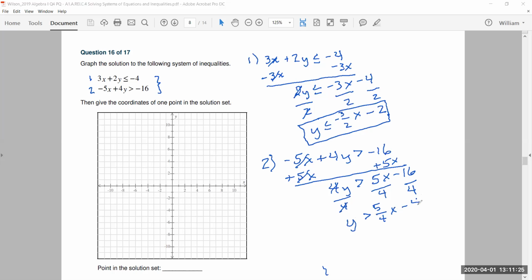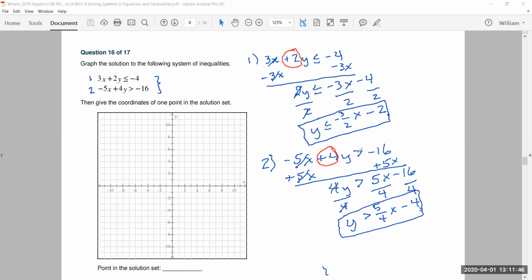Now, these two inequalities didn't include it, but if, for example, this were a -2, or if this was a -4, well, that would add another wrinkle to our problem.